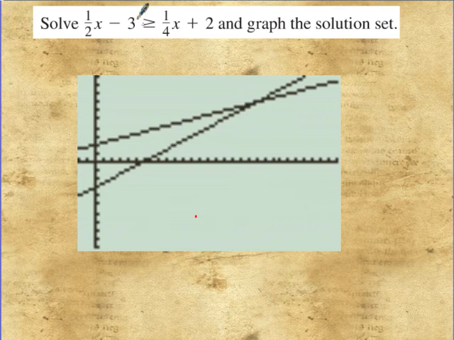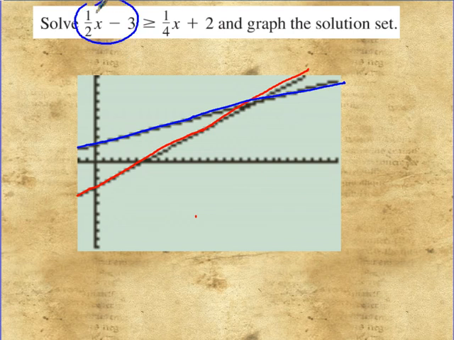1/2 x minus 3, hopefully it's obvious, would be the one on bottom because it crosses at minus 3 and has a slope of 1/2. The blue one, 1/4 x plus 2, is the one on top, with a y-intercept of 2. What we want to know is where is this line greater than, which simply means above.